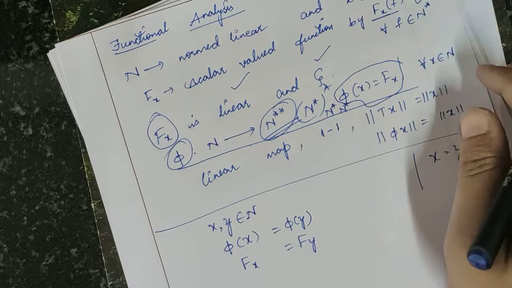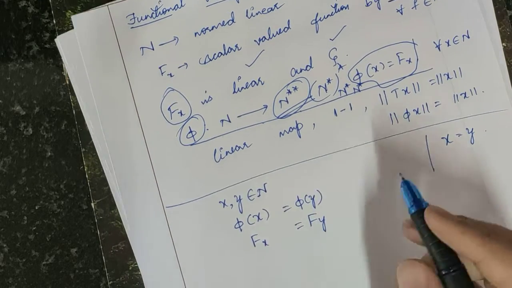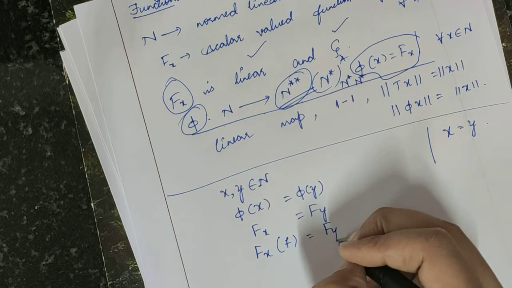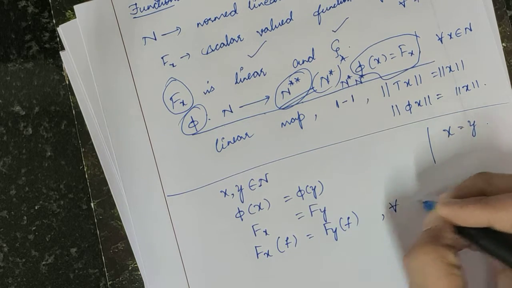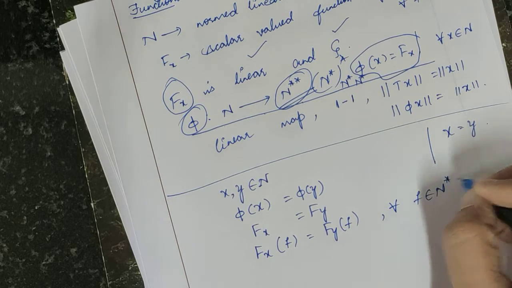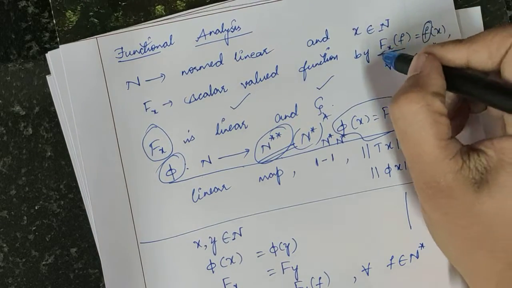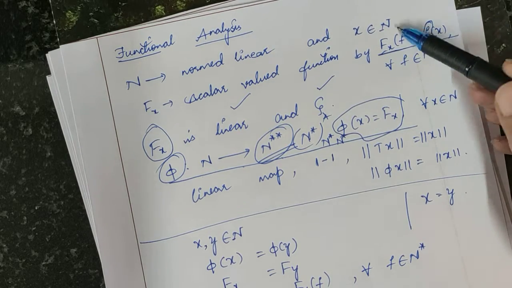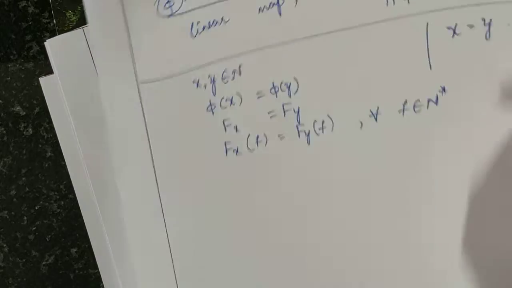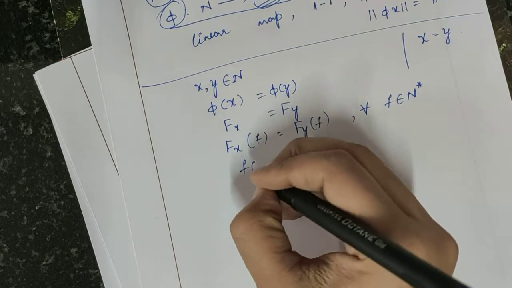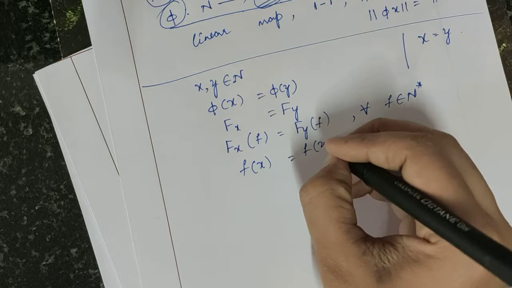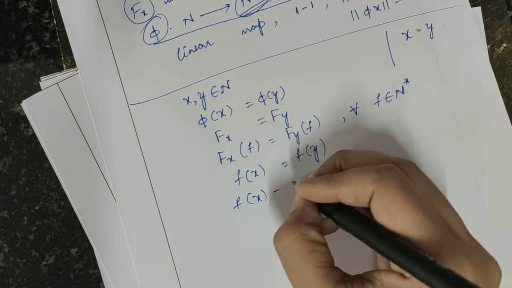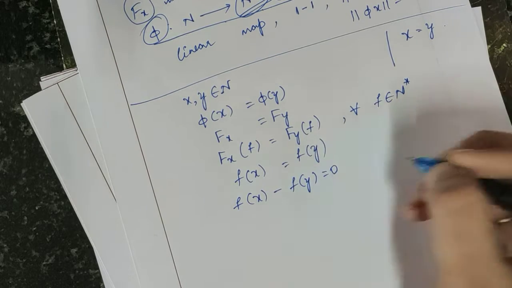Right? So we know I can operate f on both sides. I can rewrite this as f_x(f) = f_y(f) for all f belongs to N star. Now from the definition we know what f_x(f) and f_y(f) are. If you substitute that here, you will get f(x) = f(y). We can rewrite this as f(x) minus f(y) = 0.